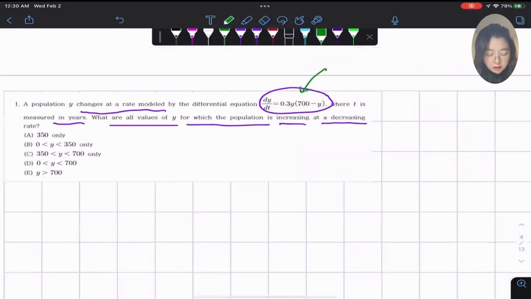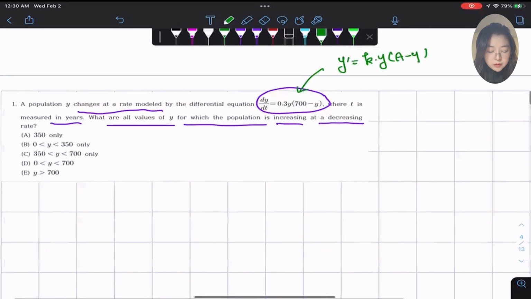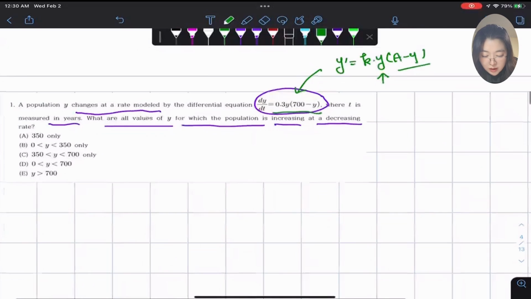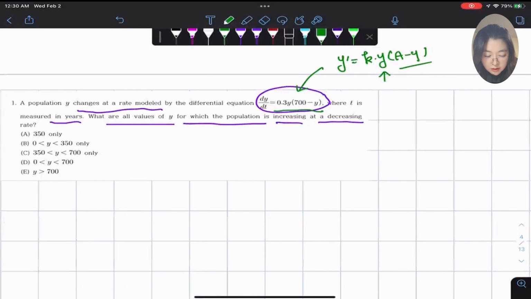The logistic growth form is y prime equals k times y times (a minus y). In other words, logistic growth is proportional to the current amount y and the difference. This form is the same, so it is the logistic growth form.